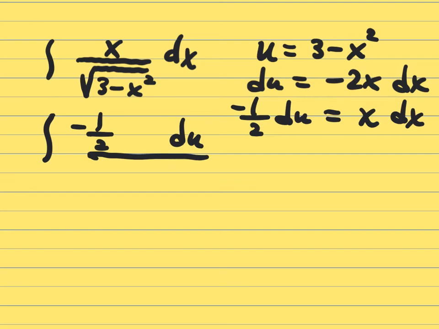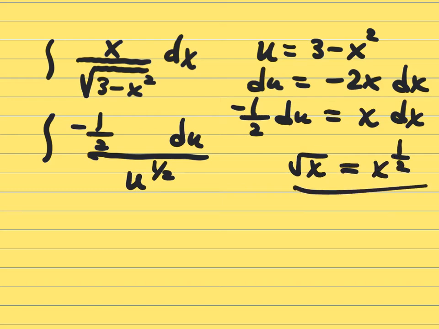And then our denominator, it looks pretty strange written that way, but our denominator is square root of u, but square roots can also be written with fraction exponents. I'm going to go ahead and call that square root a power of 1/2. Those are two different ways to write the same thing.